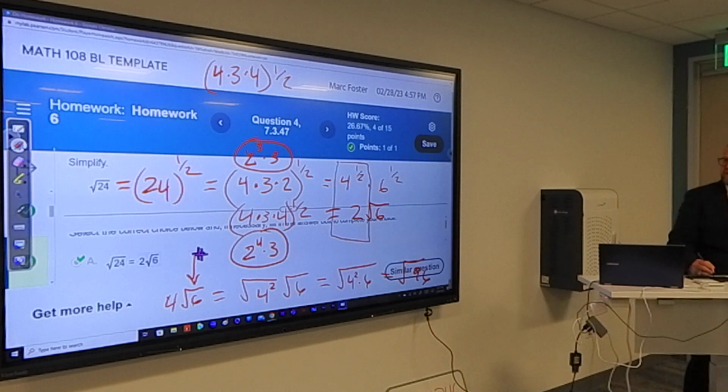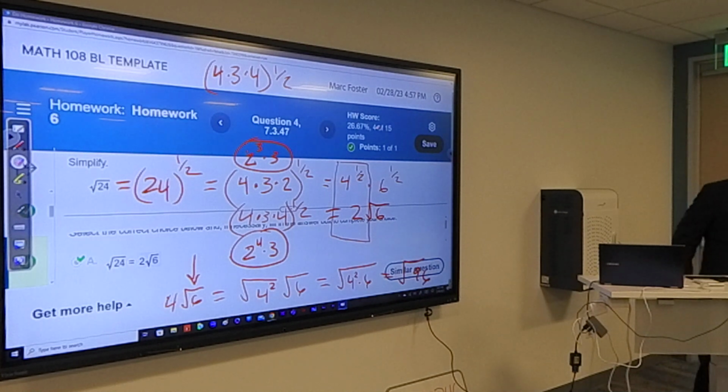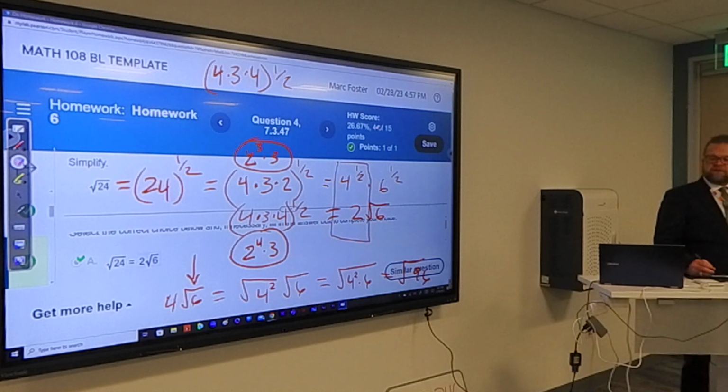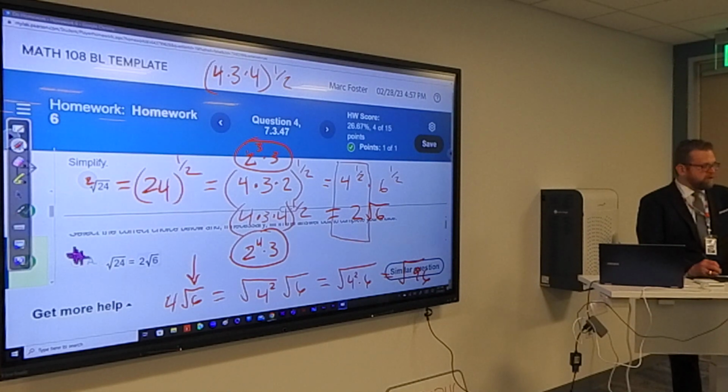There's an even number of 2's in this one. So all of those 2's will come out of the radical because they're pairs. So you're basically pulling out all the pairs. Because in this case, the index is 2. I need pairs. If the index was 3, I'd need trios. Gotcha. Okay.